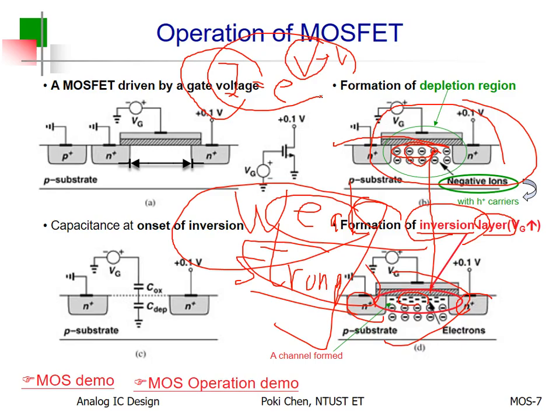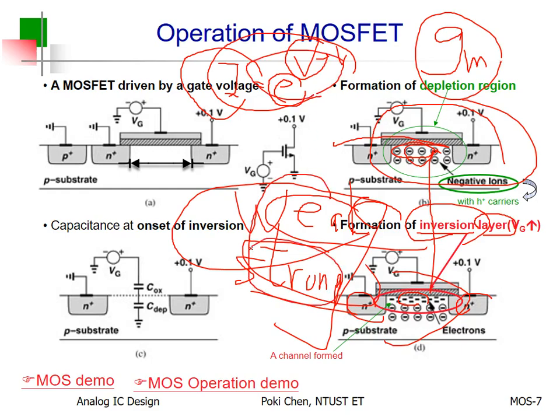What does it mean? According to the exponent here, you can get more transconductance. GM is much higher in weak inversion than in strong inversion. What does it mean? You can get much higher gain if you operate the MOSFET in weak inversion.